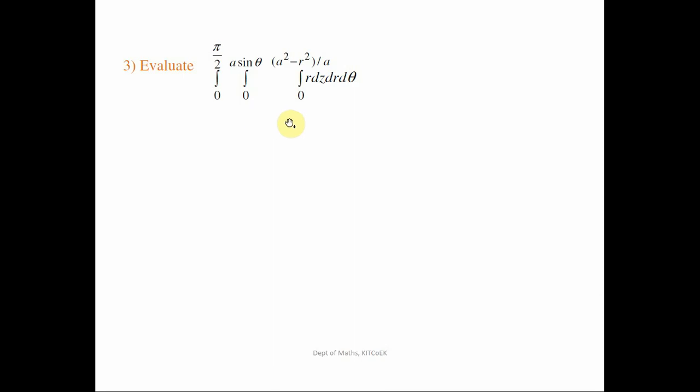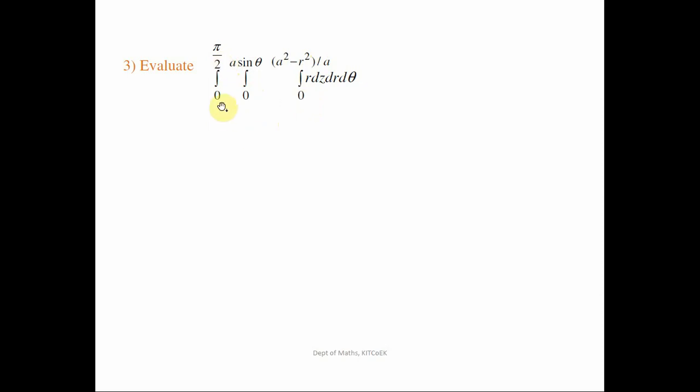The limits of the inner integral are 0 to a square minus r square upon a, the limits of the middle integral are 0 to a sin theta, and the limits of the outer integral are 0 to pi by 2.